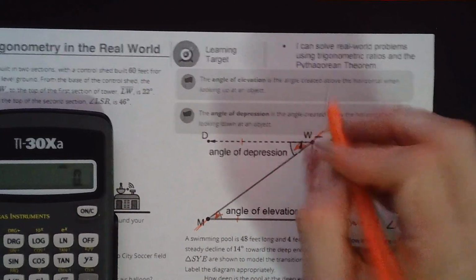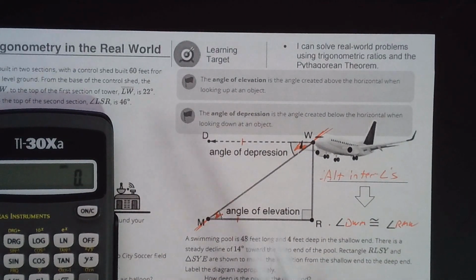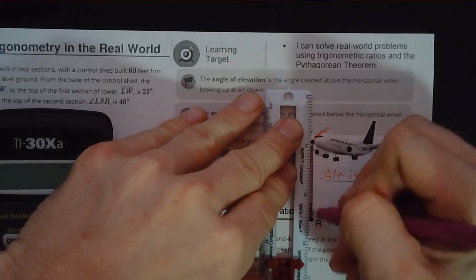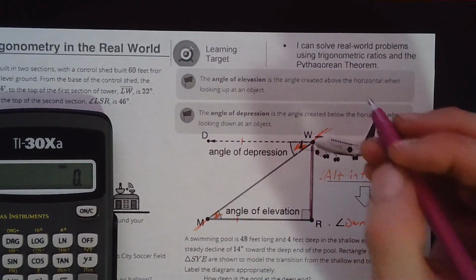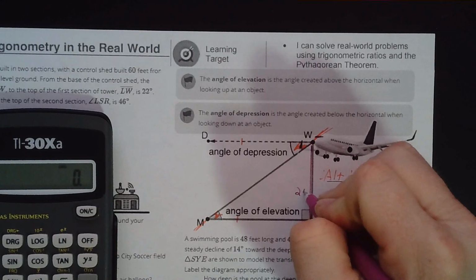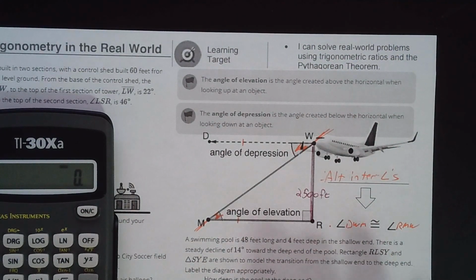Okay, now let me ask you, let's say for instance I have this airplane. It's flying at an altitude, this altitude here, the y value of this right triangle, say, 2,500 feet. It's coming in for landing. All right, snapshot.